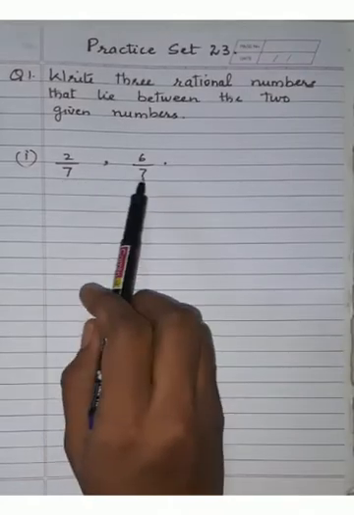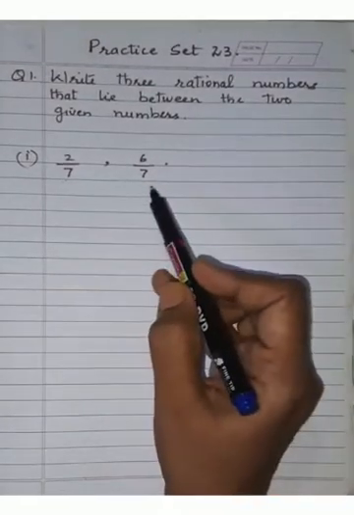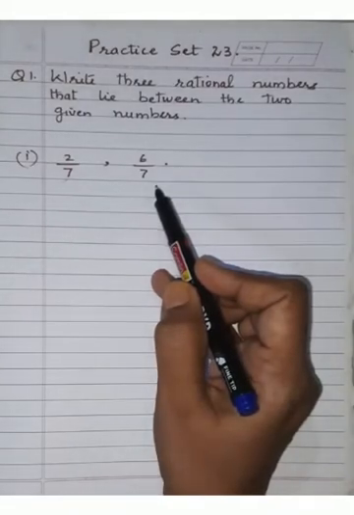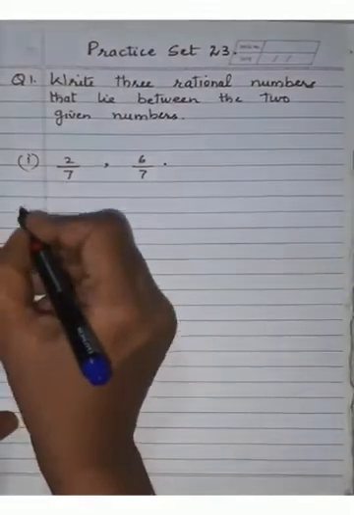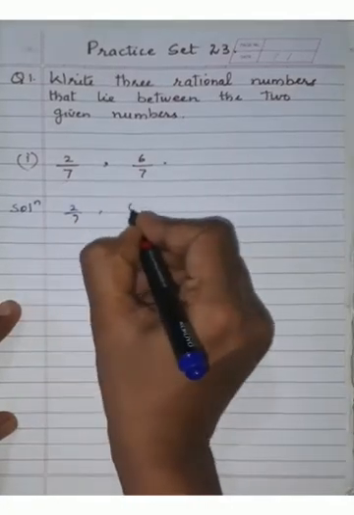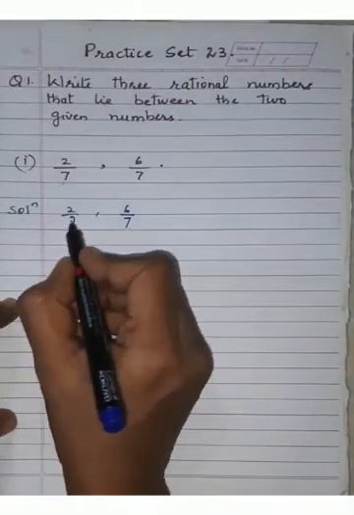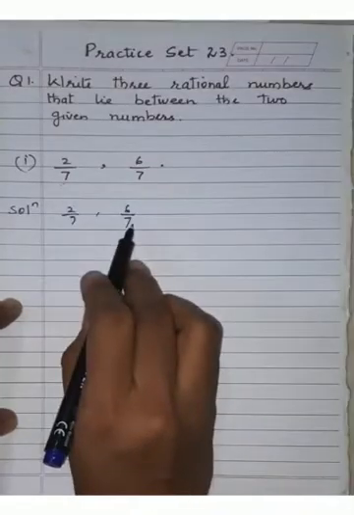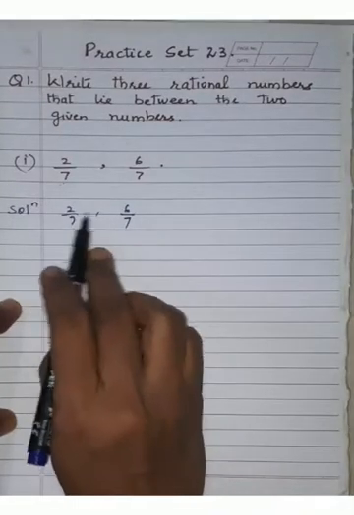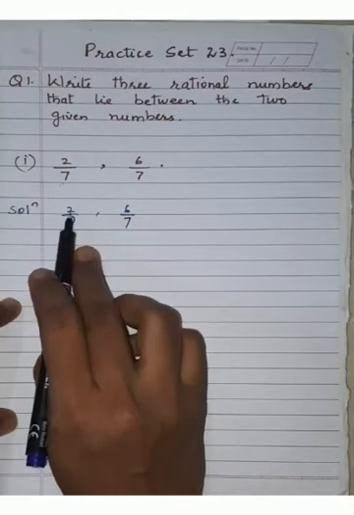If you see, children, both fractions, 2 upon 7 and 6 upon 7, have the same denominator. So when the denominator is the same, we can easily find it. We write the solution as 2 upon 7 and 6 upon 7. The denominator 7 is the same, so you just have to see the numerators, 2 and 6.